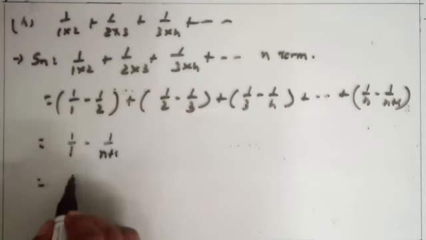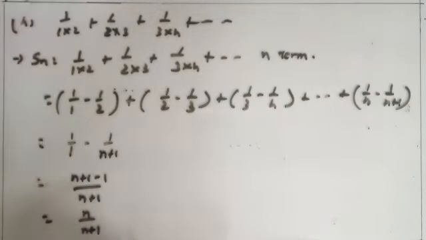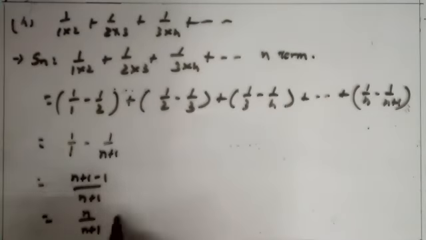Now take LCM, (n plus 1 minus 1) upon n plus 1, so here minus 1 plus 1 cancel, we get n upon n plus 1. Okay, this becomes the sum of all n terms.